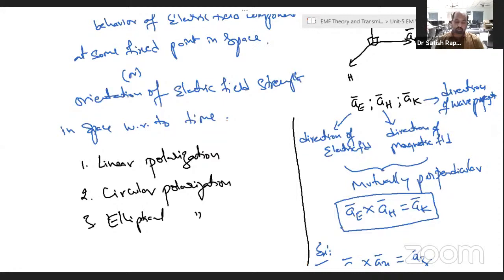The name itself gives you how the electric field is changing.